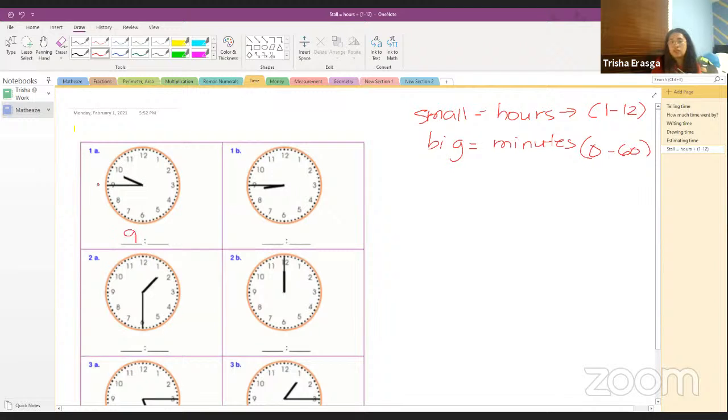So that's a 9. And then for your minute hand, you see all these small dots in between 12 and 1, and then 1 and 2, 2 and 3, 3 and 4, and so on. Each one is a minute here. For each big number you see here, from 12 to 1, there's 5 minutes in between.